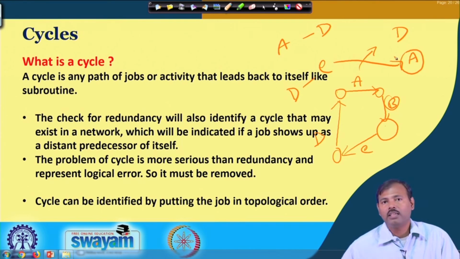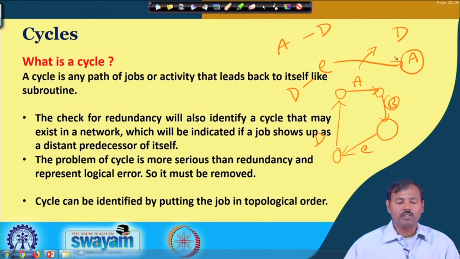Then it creates a cycle condition. If this cycle condition arises, it is impossible to solve.